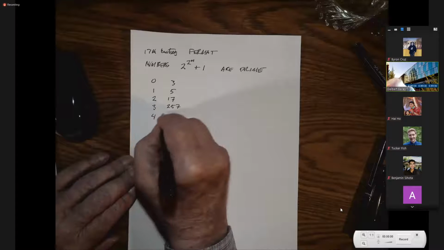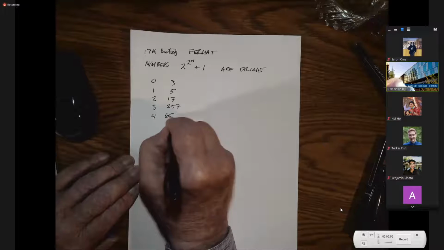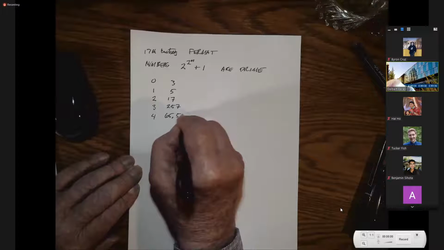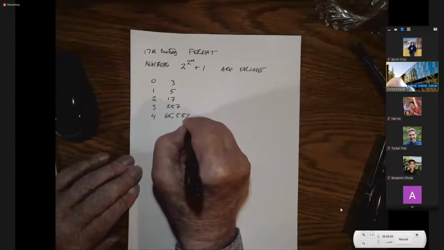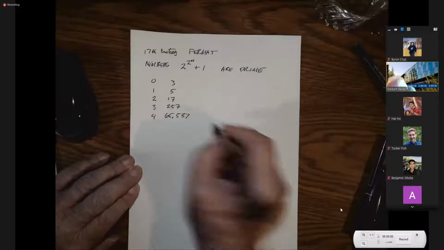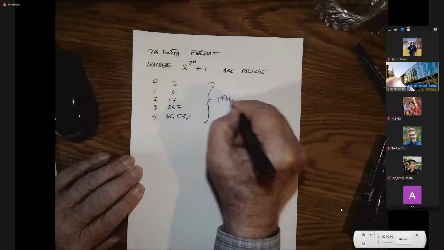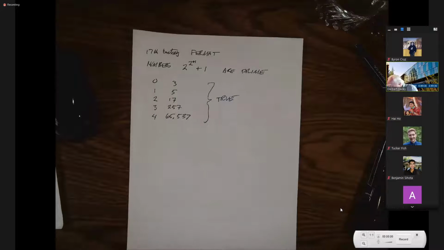And if it's 4, you must have had fun computing this way back there in the 17th century. Okay, and it's true for all of those. So have we proven the conjecture? No, we just gave examples of where it's true.